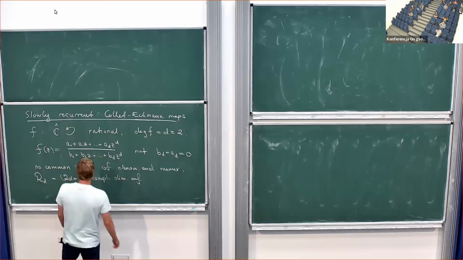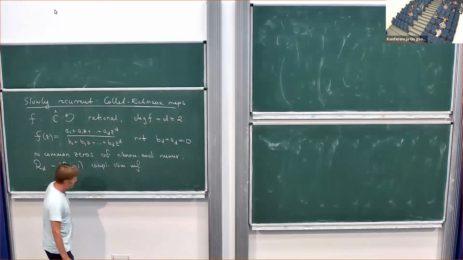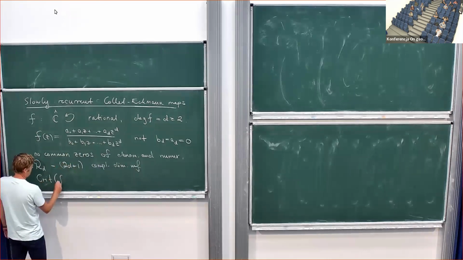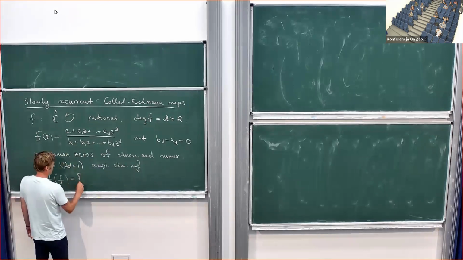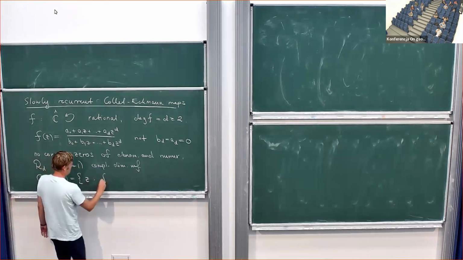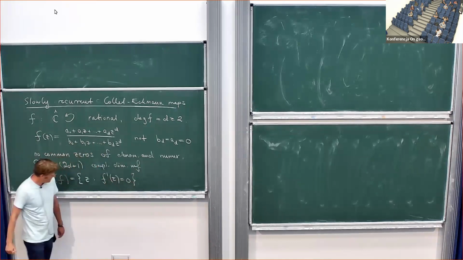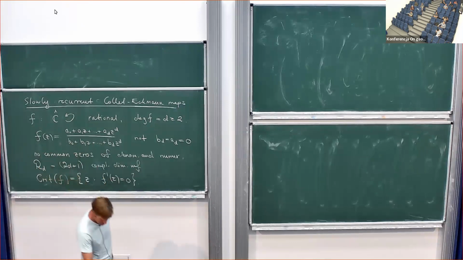Then you have critical points, which I denote by crit. So critical points of F is a set of points where the derivative is 0, using the spherical metric, spherical derivative here.